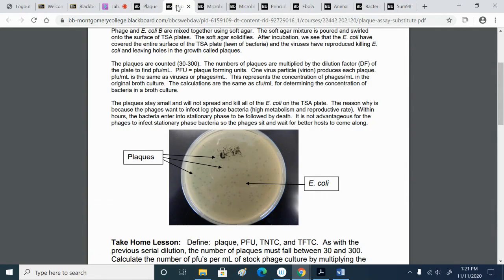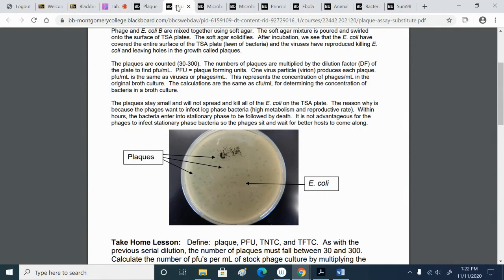Very high metabolic rates, high rates of reproduction. And under ideal conditions, bacteria can start entering into stationary phase in about 8 hours, soon to be followed by death phase. So the viruses stop infecting because it's no longer advantageous to the virus to infect those kinds of cells. So the viruses just sit there and wait until better hosts come along.